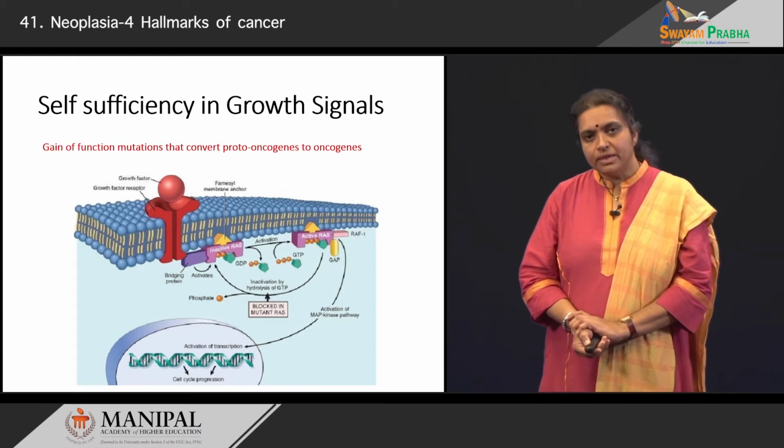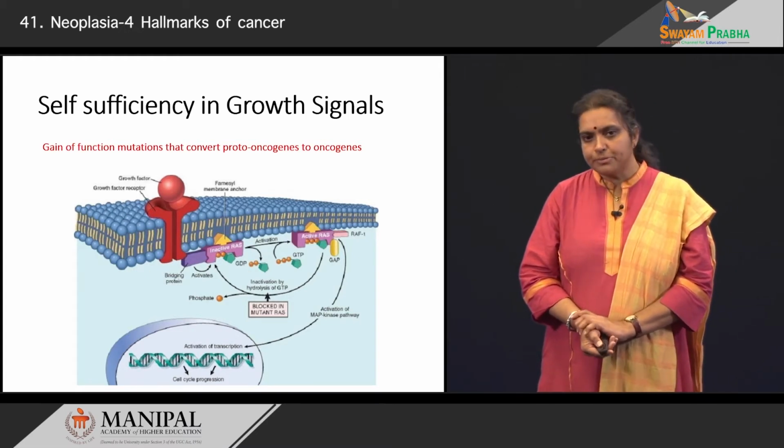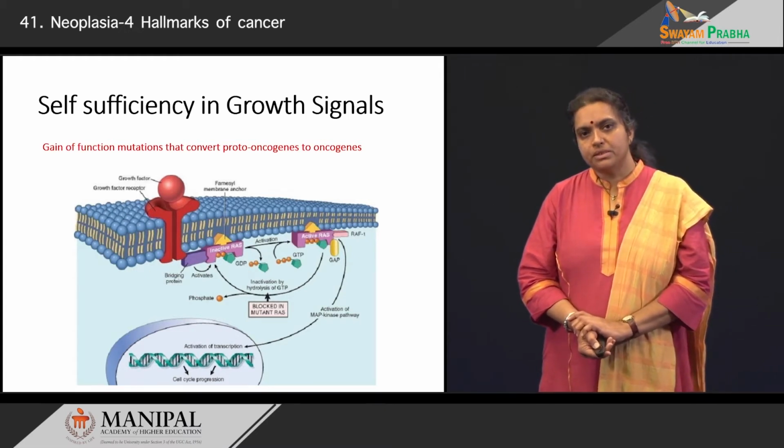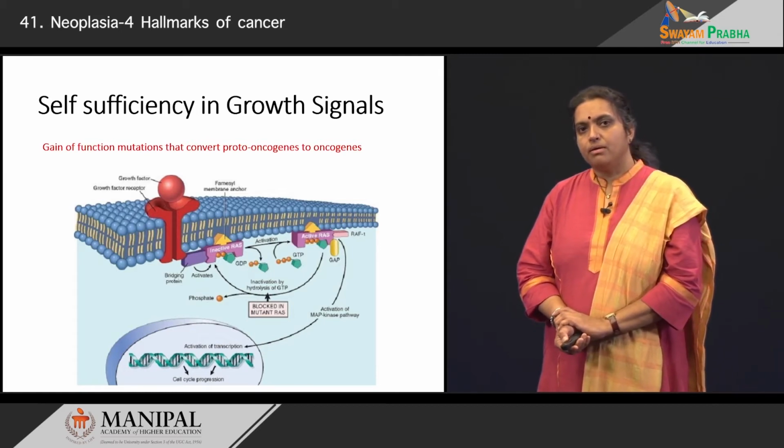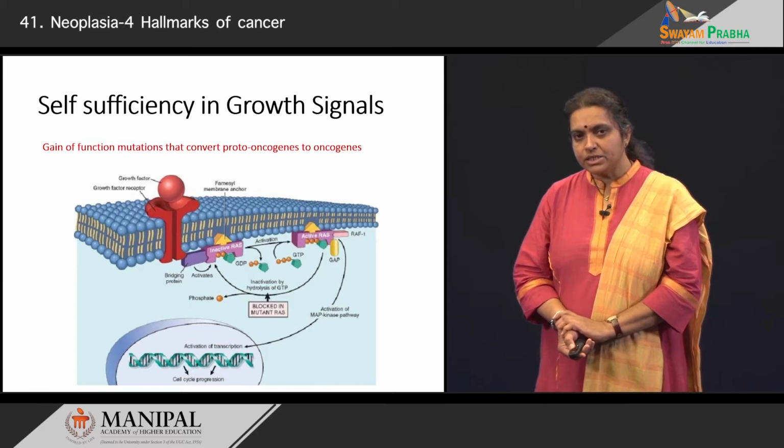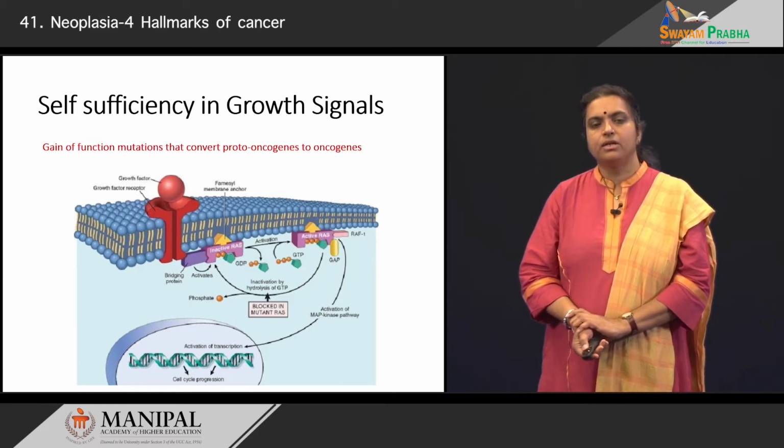So, there is a growth factor that sits on a growth factor receptor, which induces signal transduction due to various proteins. There is a cascade of reactions that takes place within the cytosol.